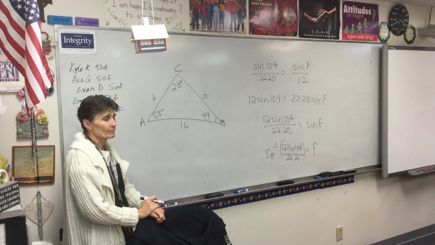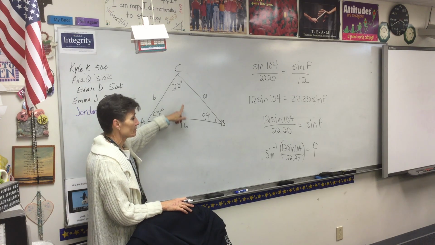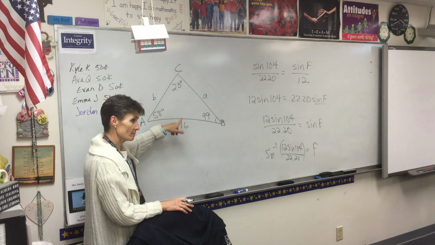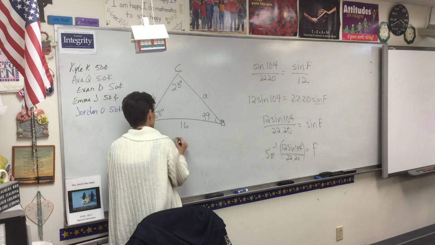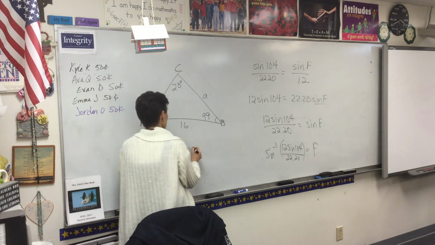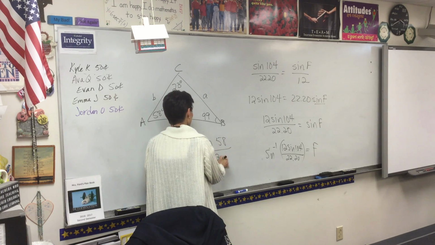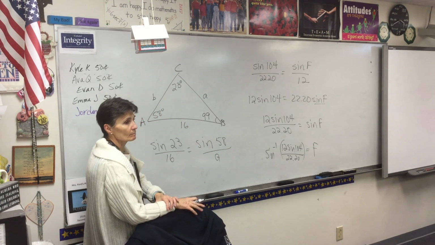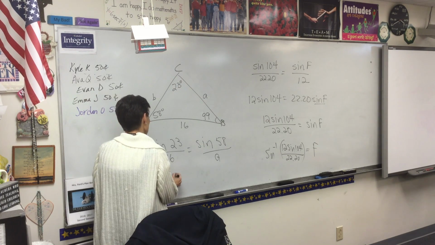Now what? Law of sines. Now look. See how we have a pair? So you'll set up sine 23 over 16 equals sine 58 over A, for example. We'll cross multiply.